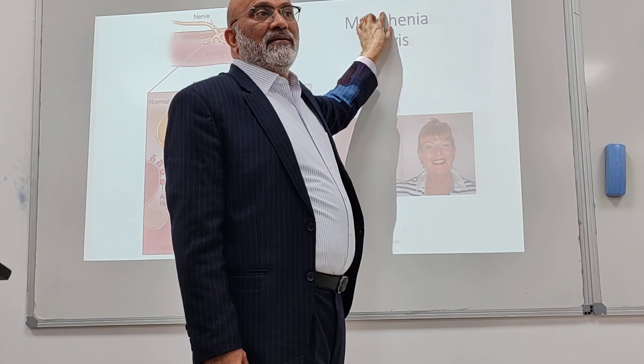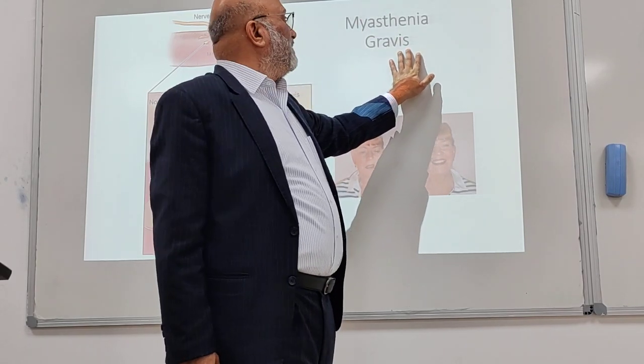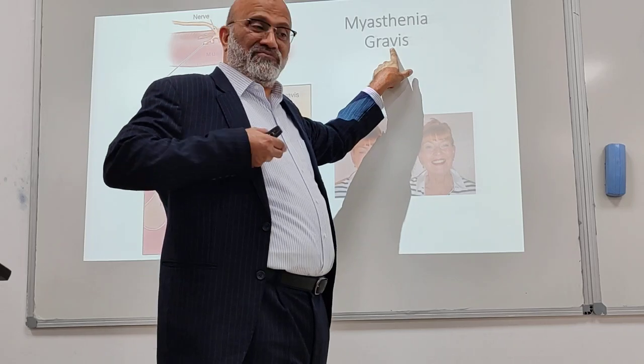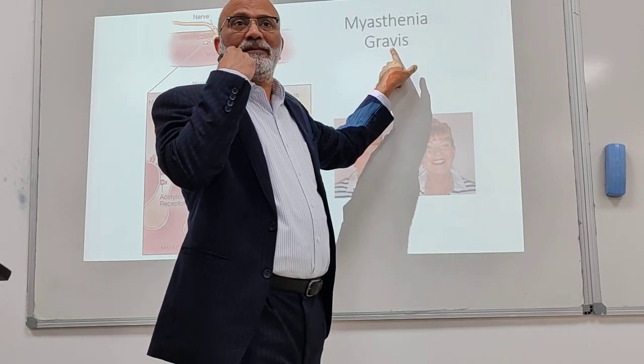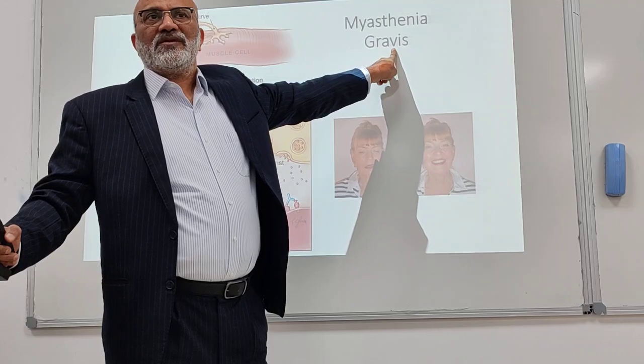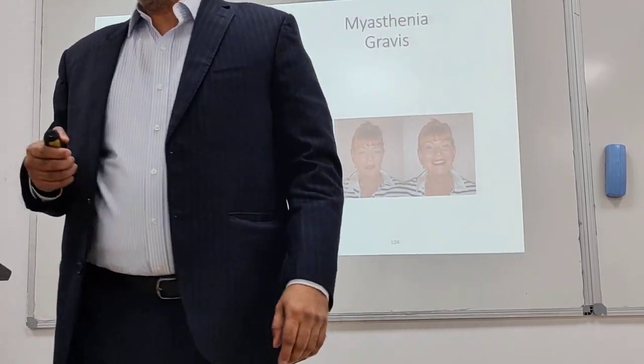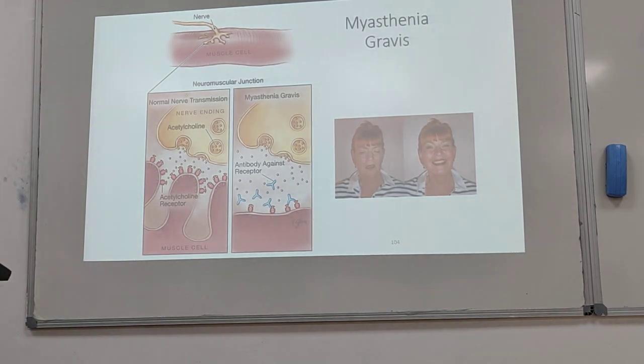Myasthenia: weak muscles. How weak? Like I have to be put into the grave. So it is so weak, like I am dead. What is the reason? Acetylcholine receptors are destroyed. Why are they destroyed? Autoimmunity. I destroy my own tissue.